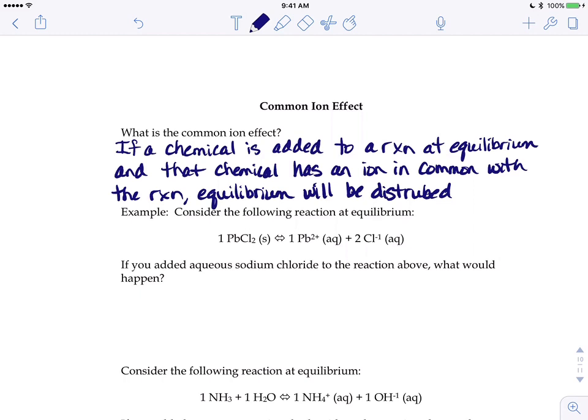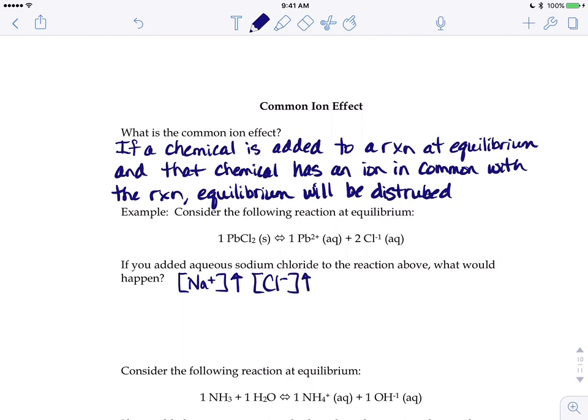However, if you think about what aqueous sodium chloride means, if it's aqueous, that means it's dissolved in water. It means it's broken up into ions. So when we put aqueous sodium chloride in there, we would make the sodium ion concentration go up. We'd make the chloride ion concentration go up.